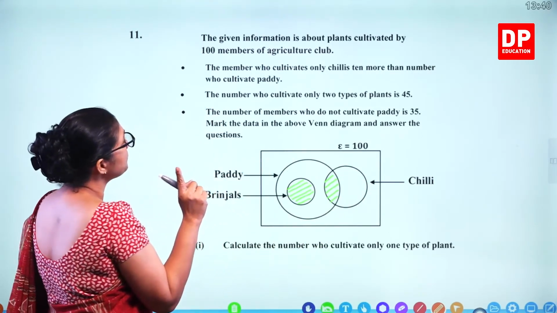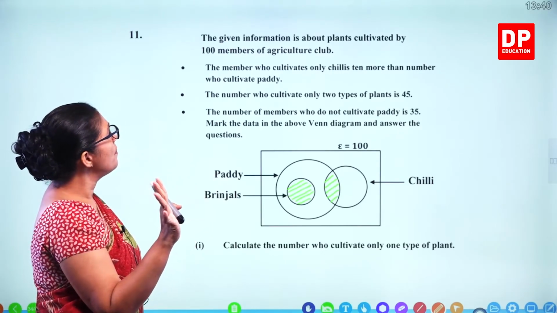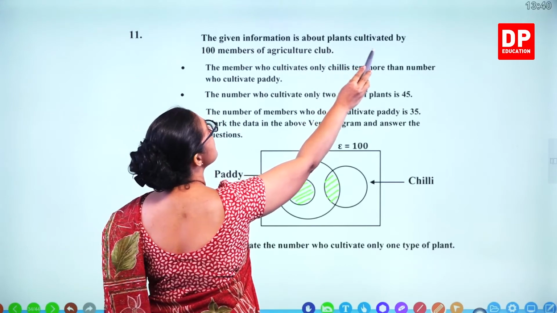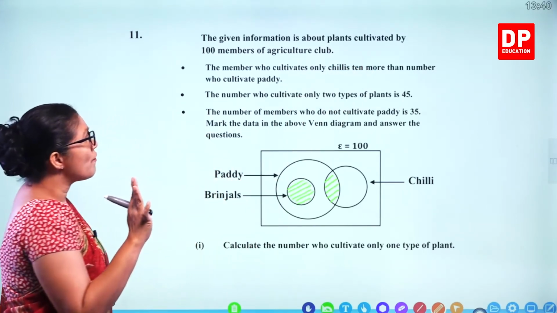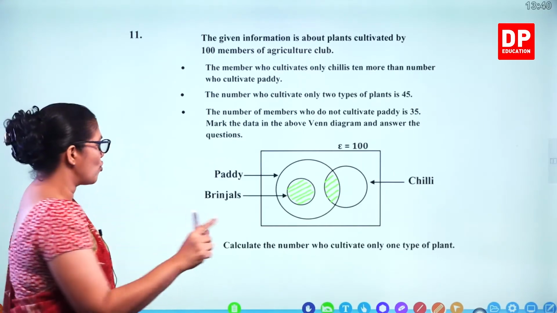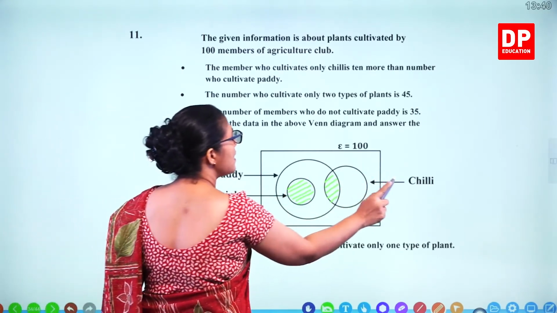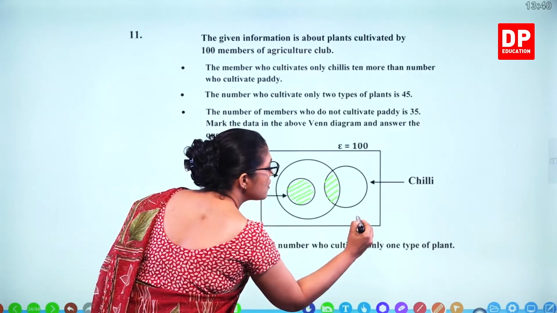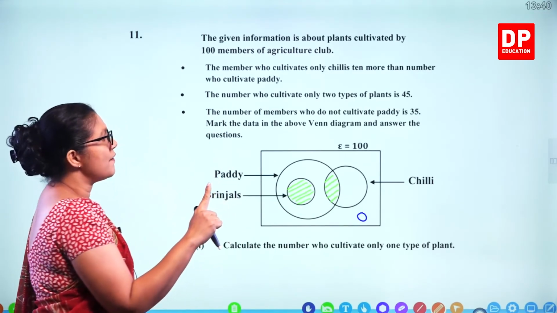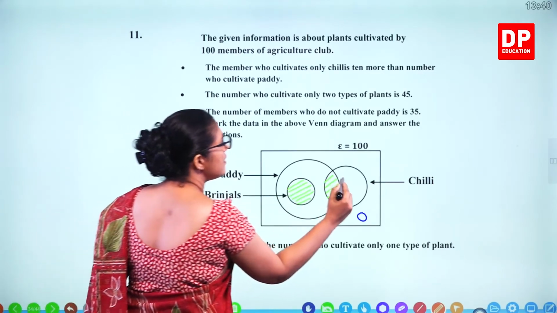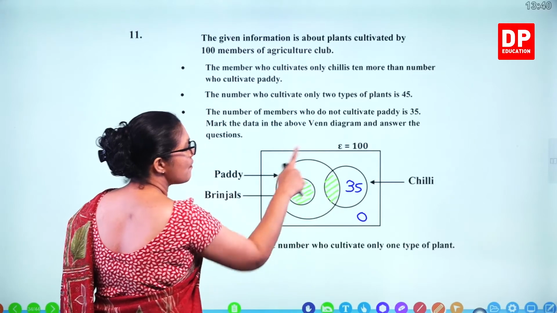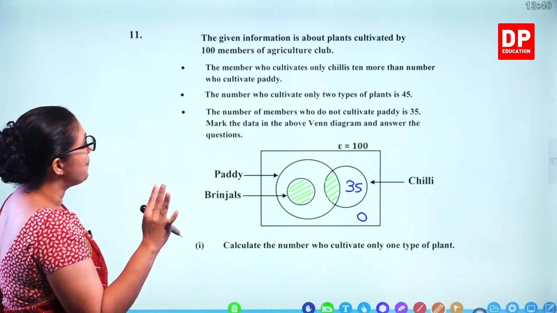Now here we have to assume, so all these are members of agriculture club, all are cultivating anything. So either paddy, brinjals and chili. So we have to assume that this is 0. All are cultivating and this one is 35 then. So these 2 means 35, not paddy.